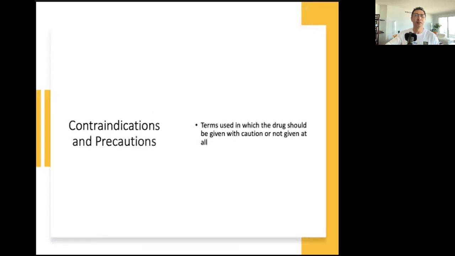But next, contraindications and precautions. These are terms used for which drug should be given with caution or not given at all, because sometimes some drugs are contraindicated for something. Let's say I have a patient with bleeding issues, coagulation issues.